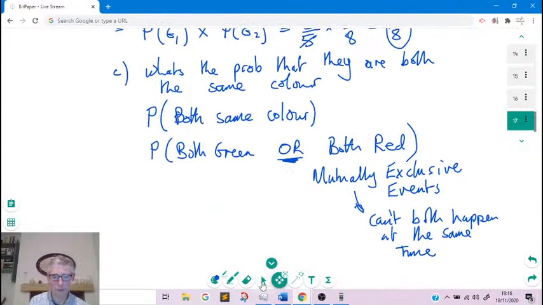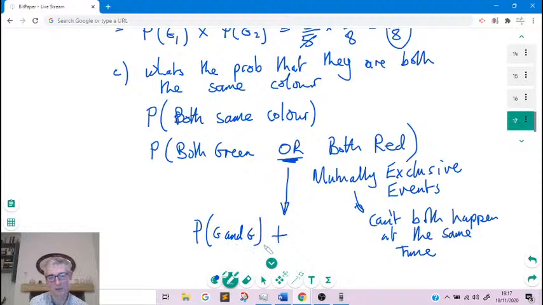So in that case, when it's mutually exclusive, the "or" turns into a plus, and it becomes the probability of green and green, plus the probability of red and red.